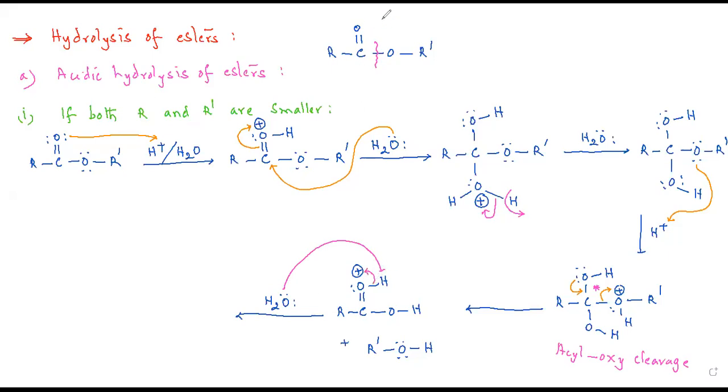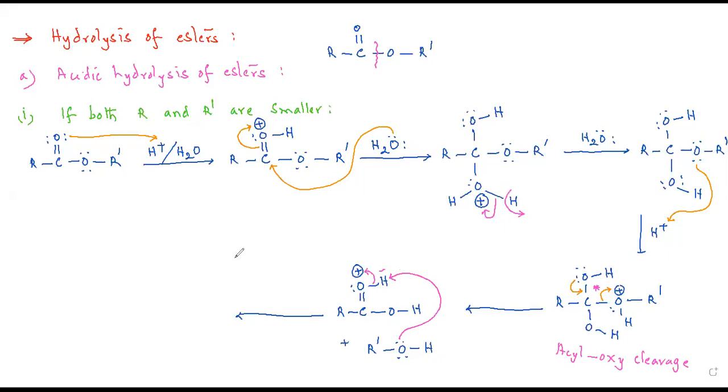So that is how you get, of course, this can be given in some other way. Now the pair of electron on oxygen is given.